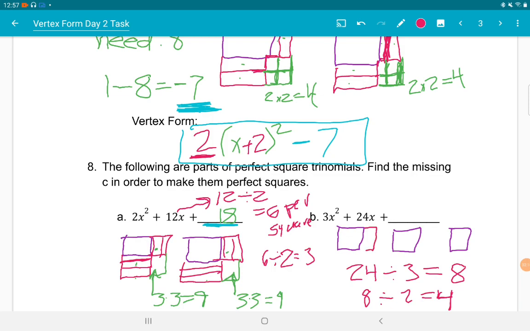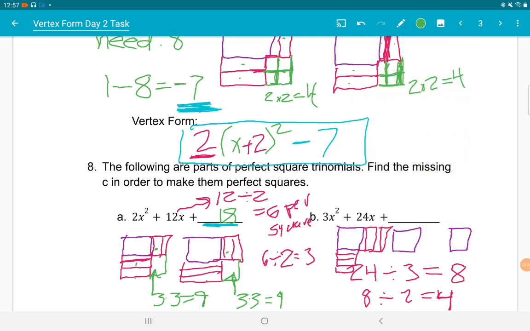So basically, we're going to need 4. That does not look pretty. So 1, 2, 3, 4. We're putting 4 on each side, okay?